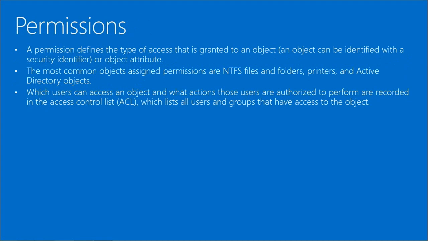So we've talked about user accounts. The next thing to talk about are permissions. These are a specific set or type of access granted to an object. The most common objects assigned permissions are NTFS files, so files, folders, printers, and Active Directory objects.